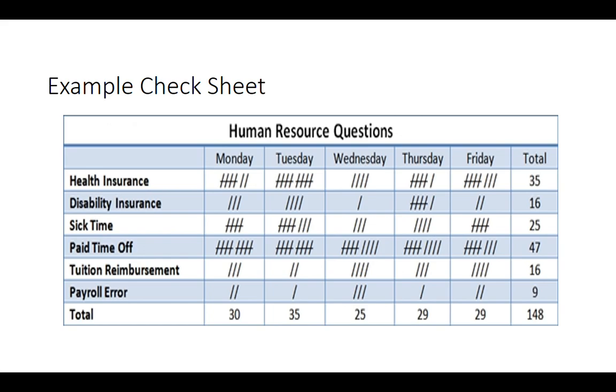Somewhere you can see here an example of a check sheet which has the human resource questions. And you are checking on Monday. If, for example, you are looking at errors in the payroll, on Monday there were 2 errors. Tuesday 1, they made more.